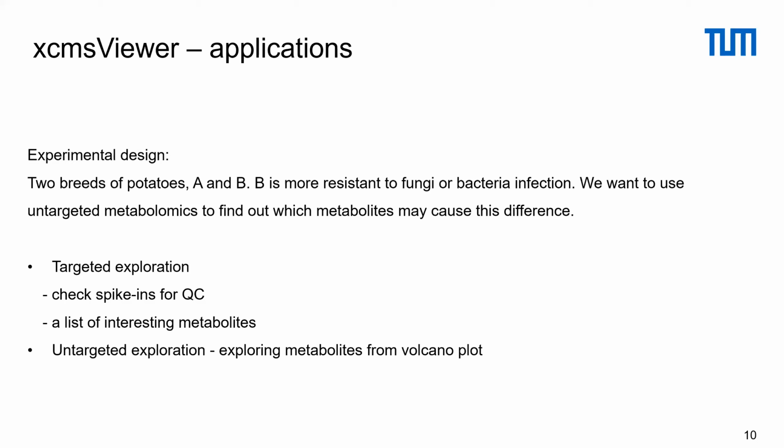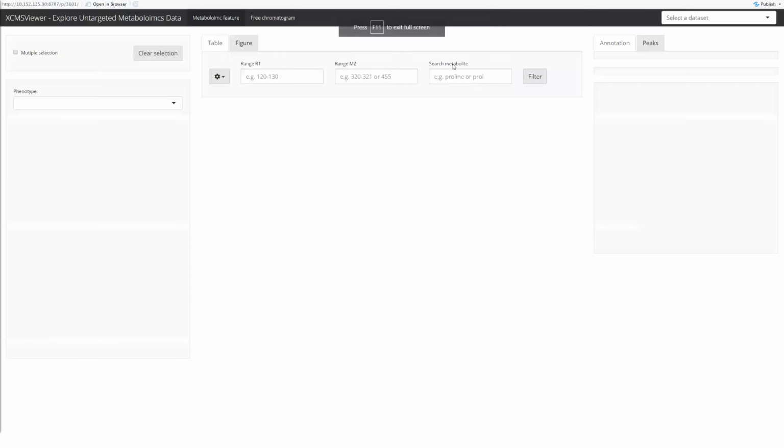Also, sometimes you have a predefined list of interesting metabolites, and then you can explore them in a targeted way. The untargeted way is mainly by the figures, and you can see how we can work with interactive figures in the XCMS Viewer. So now let's move on to the software.